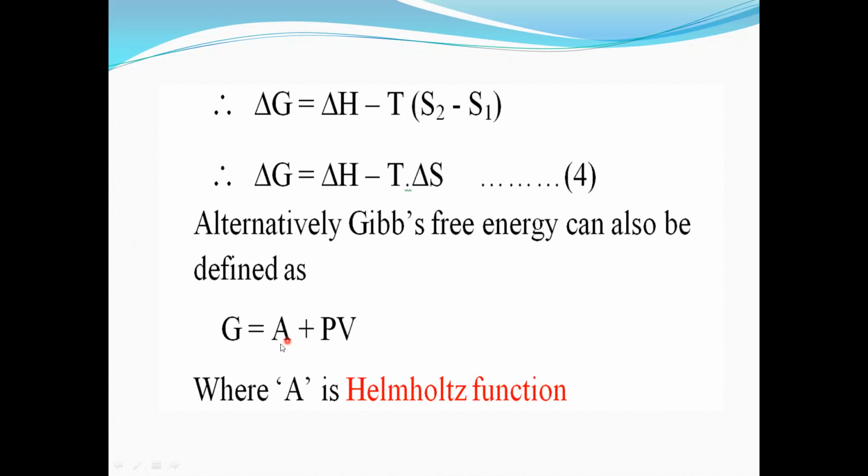This is the second definition of Gibbs free energy. The first definition, G is equal to H minus TS, we have seen, and we also calculated the change in Gibbs free energy. Now the second definition, G is equal to A plus PV, where G is Gibbs free energy, A is the Helmholtz function, P is pressure, and V is the volume.